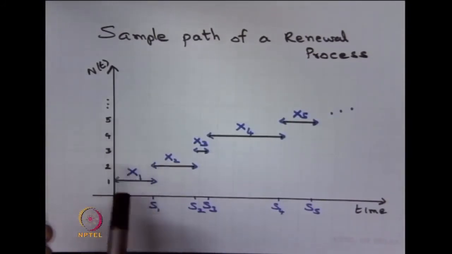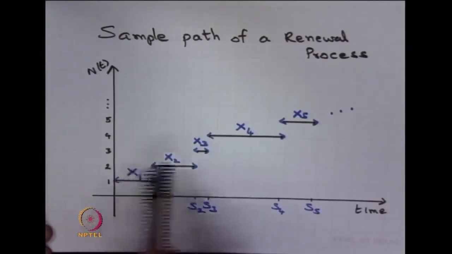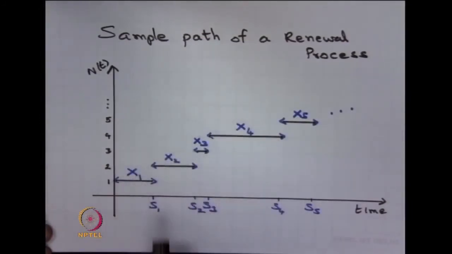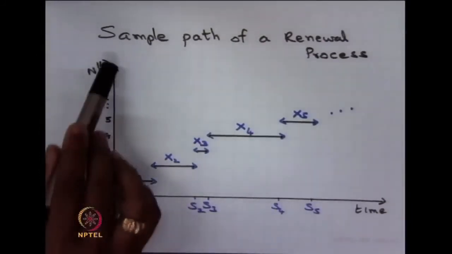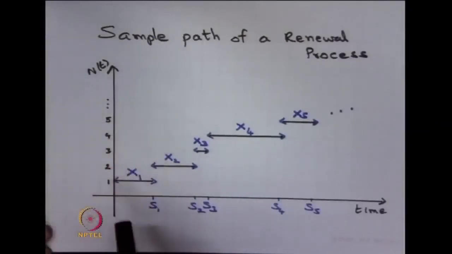So in this sample path we are giving the different values of x1, x2, x3, and the different time points at which the renewal takes place, that is S1, S2, S3, S4, S5 and so on. And on the y-axis we are plotting the count N of t.